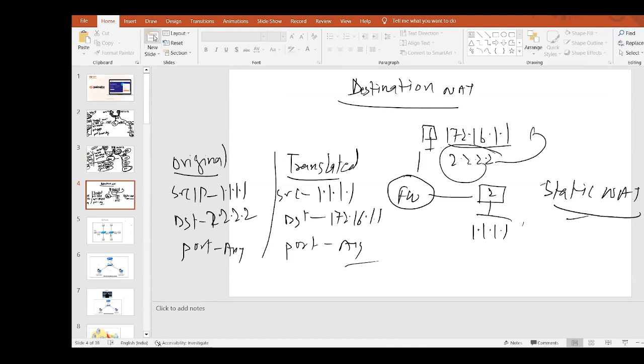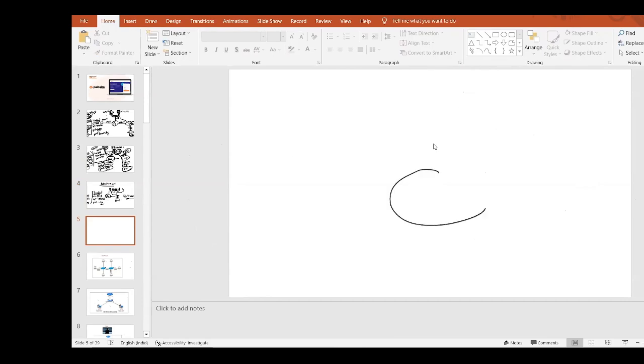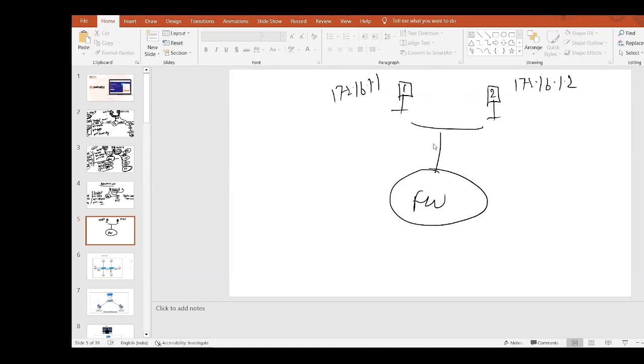Now, if we have multiple PCs or servers, and the condition is that I want to use one IP only, how can we achieve it? If we have only one public IP and someone from the internet comes and tries to access my internal web server, how can we achieve it?